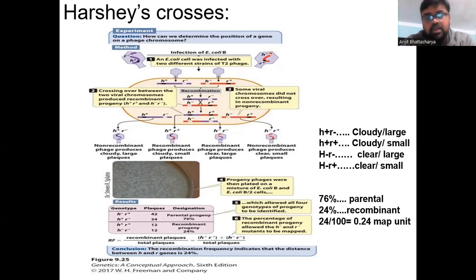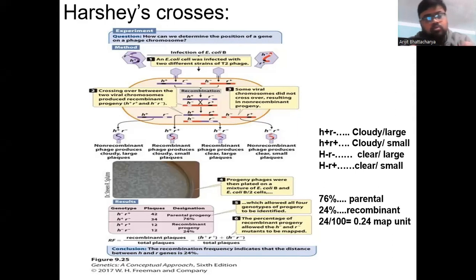So the recombination frequency is 24%, which means that these two loci, H and R, if indeed they are determining these two traits, are 0.24 map units distant because the recombination frequency between them is 24%.